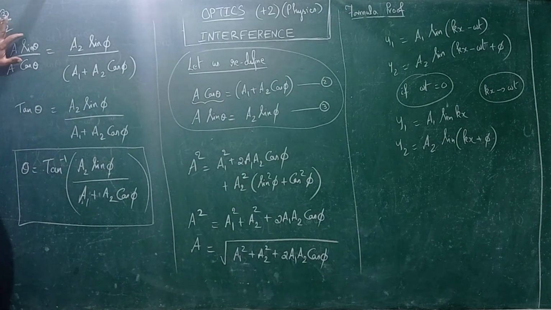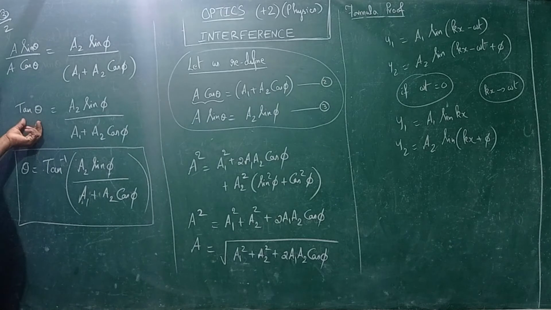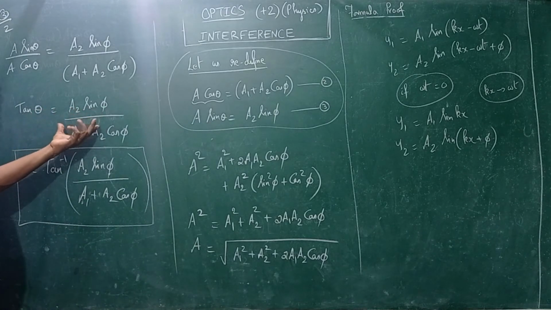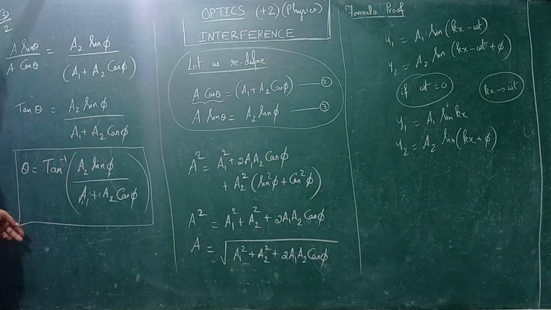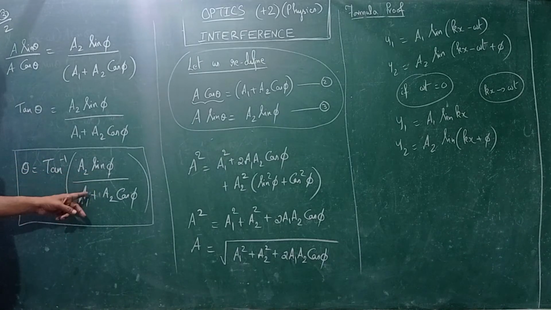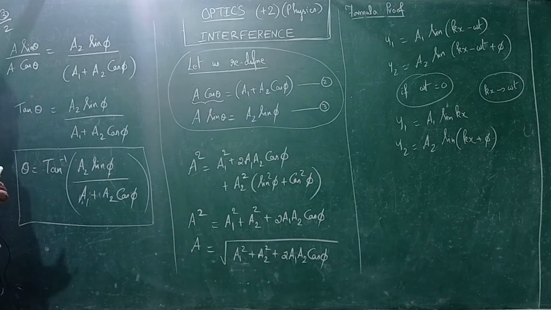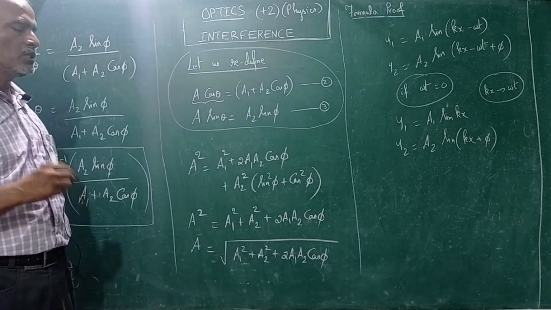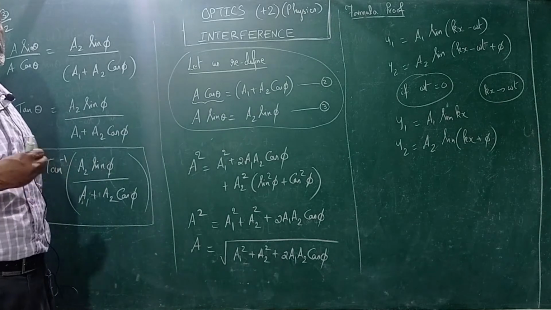A gets cancelled, sin theta by cos theta is tan theta. So you will be having a2 sin phi divided by a1 plus a2 cos phi. Therefore theta is equal to tan inverse of a2 sin phi divided by a1 plus a2 cos phi. This was the result we are expecting for the derivation. So this is the proof for that equation.